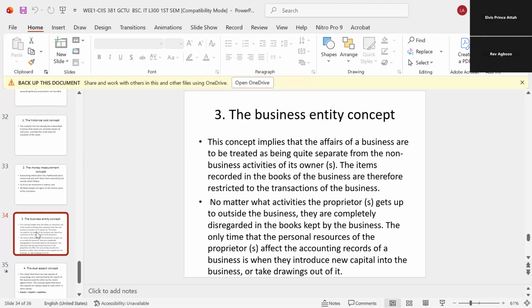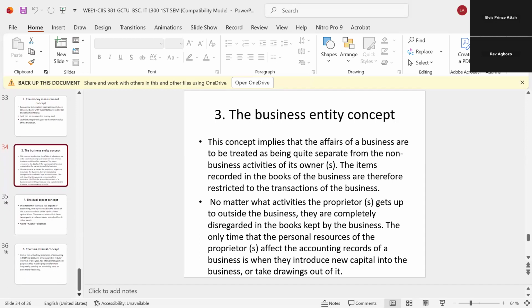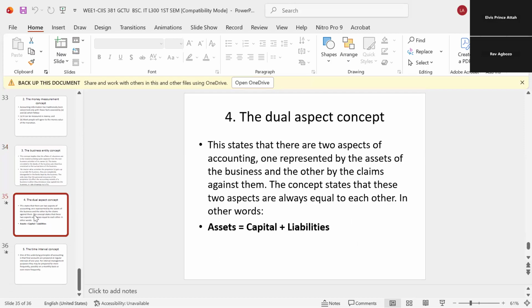Once the business is registered, the business is seen by the law as a person. Even though it is your business, you are separate individuals. Somebody can take your business to court and not you yourself that has been taken to court.